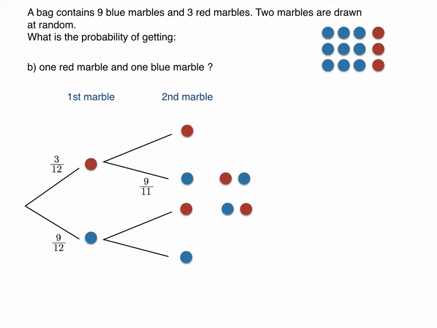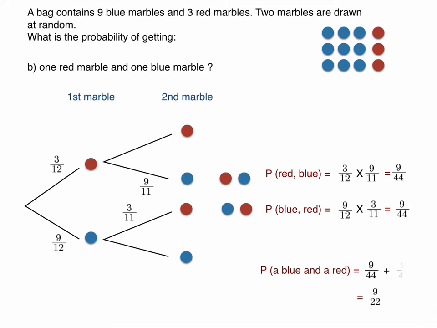Alternatively, if you drew the blue one first and now draw a red, you've got a probability of 3 over 11 for that red one. So we work out the probability of each of those 2 combinations: a red followed by a blue, and then a blue followed by the red. And to get the overall probability, we add those 2 probabilities to give you 9 over 22.